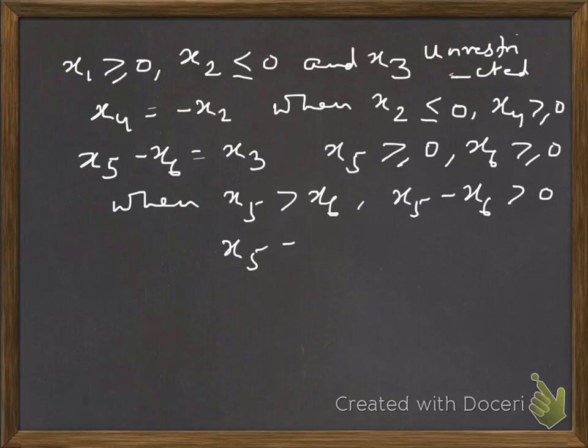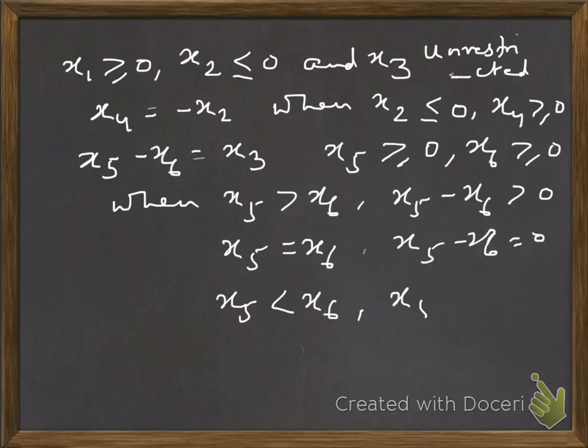When x5 is equal to x6, then x5 minus x6 is equal to 0. And when x5 is less than x6, x5 minus x6 is less than 0. Since x5 minus x6 is x3, you find x3 greater than 0, x3 equal to 0 and x3 less than 0.